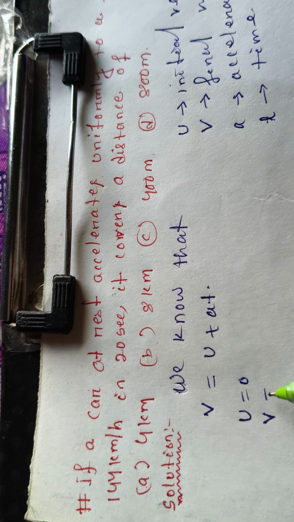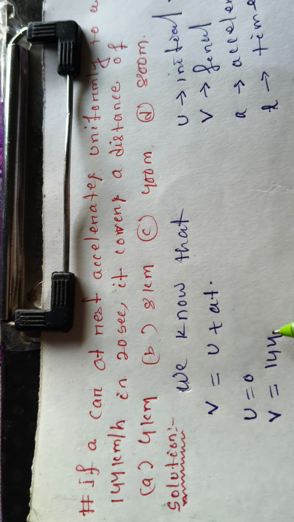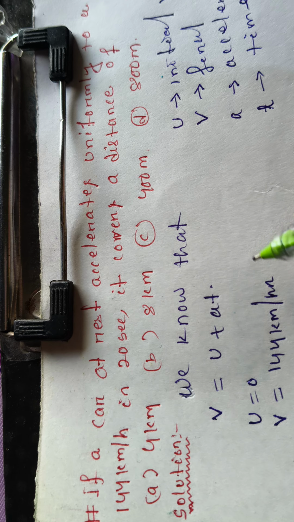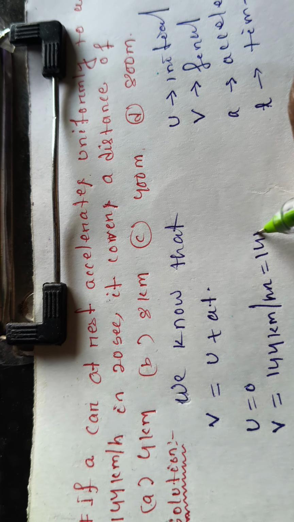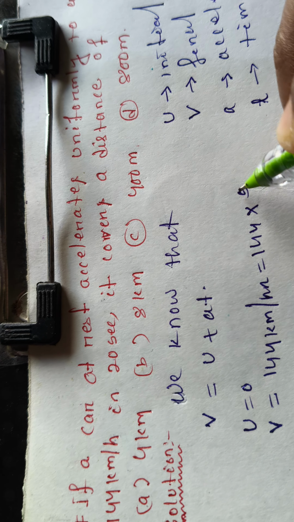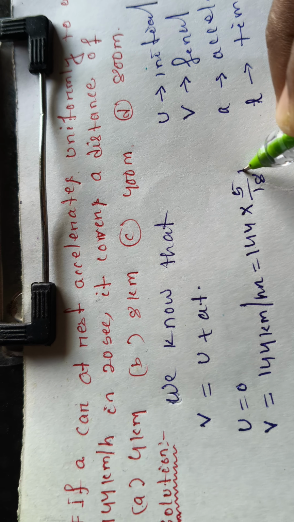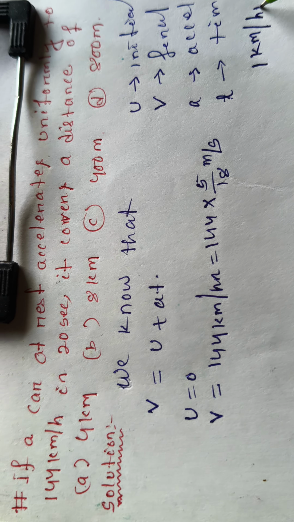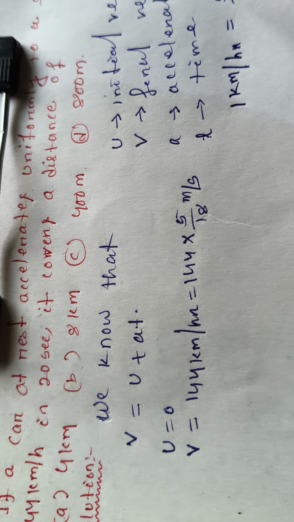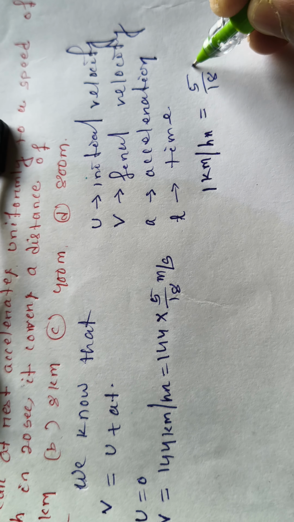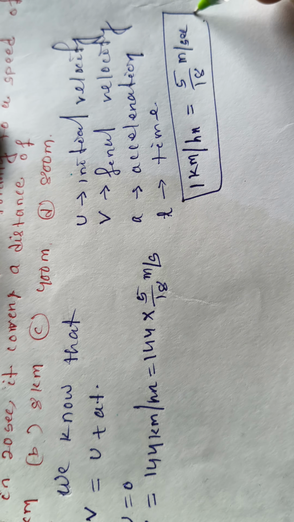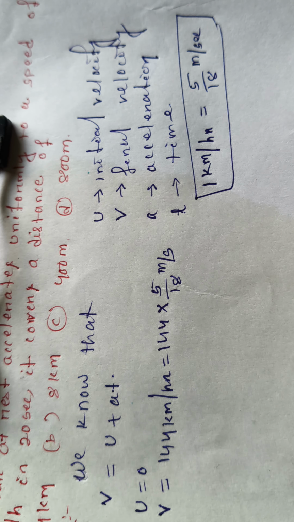That means final velocity is equal to 144 km per hour, which is not a standard unit, so convert it: 144 into 5 by 18 meter per second. 1 kilometer per hour is nothing but 5 by 18 meter per second. So this is the most important conversion.